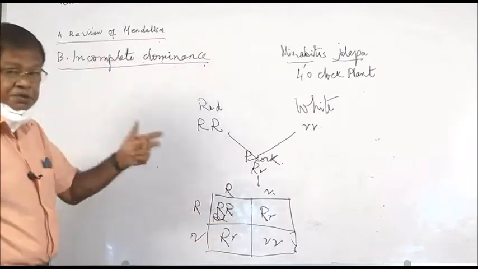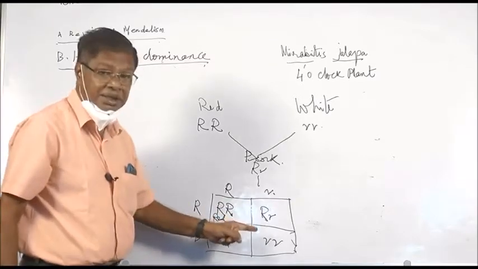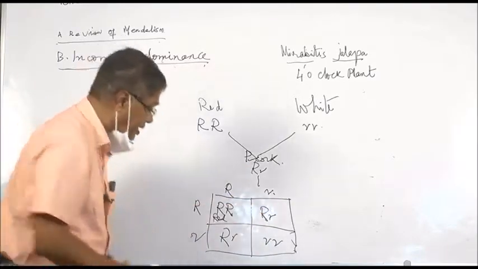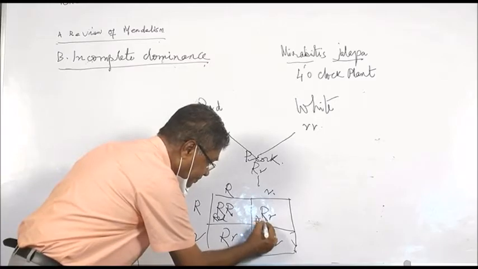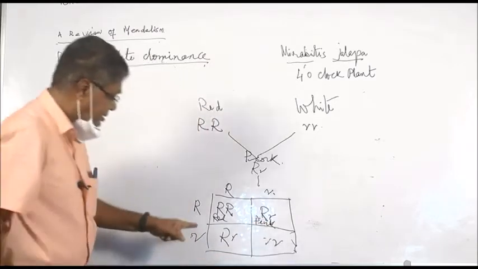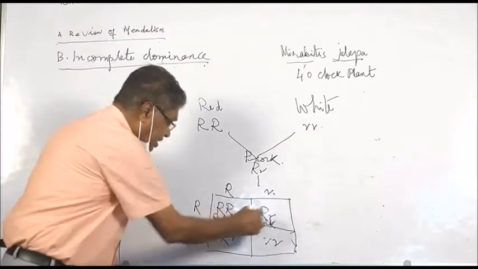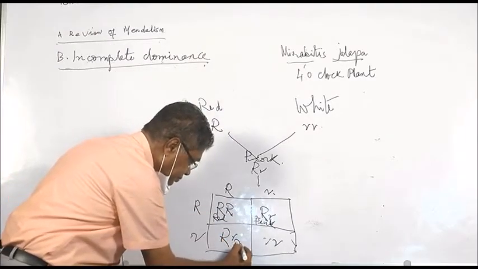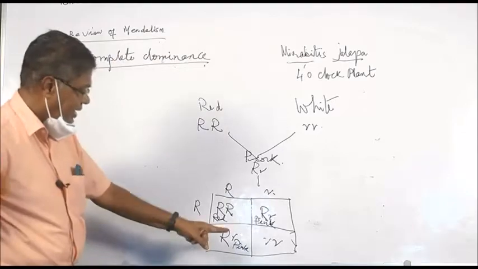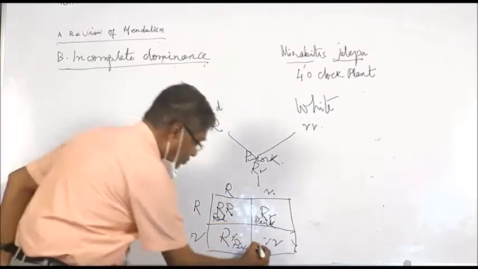This, as per dominance, should be red, but because of incomplete dominance it is pink, and this should also be pink, and this is white.